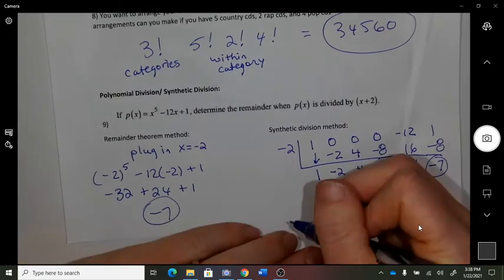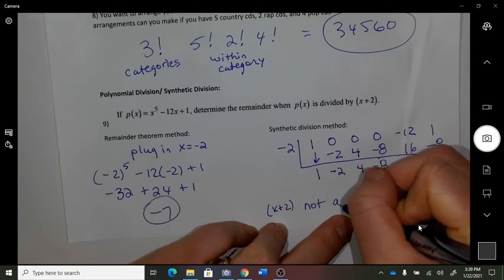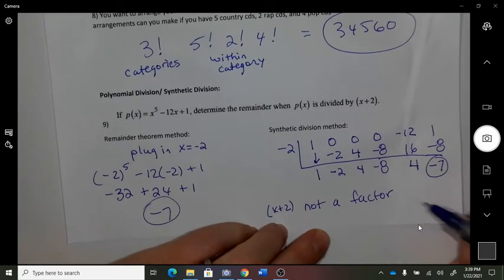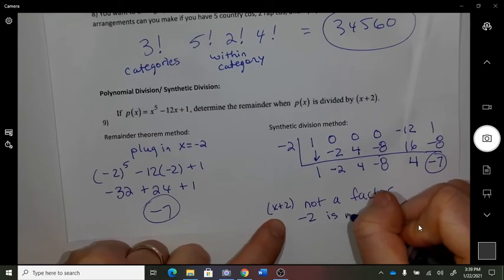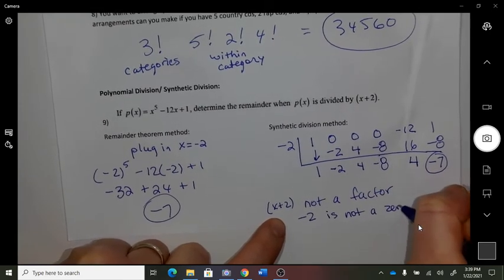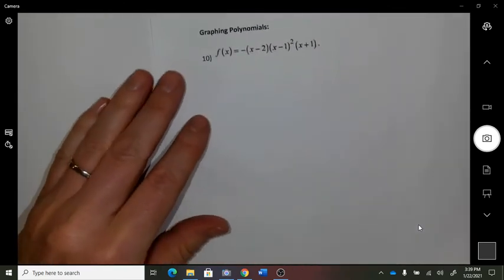Obviously my answers match. So some conclusions I can make is that that's not a factor, and -2 is not an x-intercept or 0 of this. Okay, next.